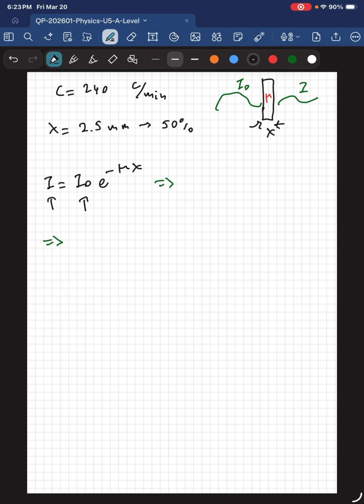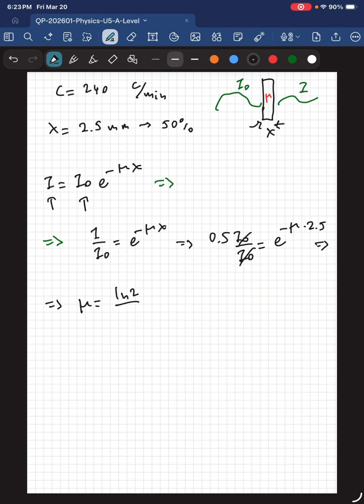Okay, so if we do I over I naught equals e to the minus mu x, we are told that if the thickness is 2.5 millimeters, 50% remains. So we have 0.5 I naught over I naught is equal to e to the minus mu times 2.5. If we rearrange, we can find that mu is equal to ln of 2 over... did I go too fast over this?